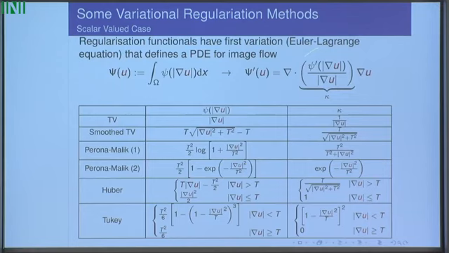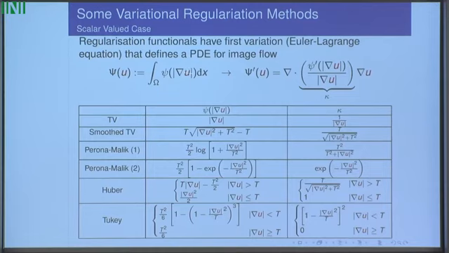So now the first variation of this functional looks like a diffusion equation, the divergence of a scalar diffusivity function, which takes this form. We just differentiate this function and divide by the gradient, applied to the gradient itself. So for example, a commonly used one is total variation, so you just have the 1 norm itself, so psi is just the identity function.